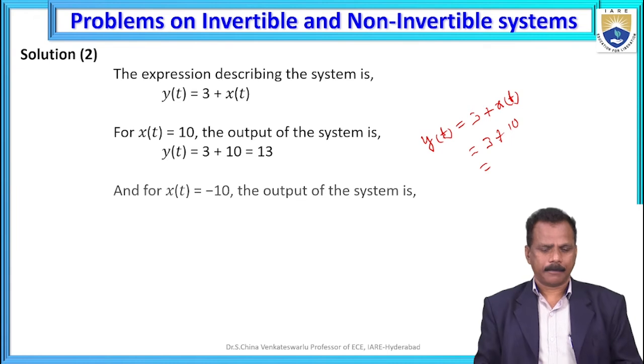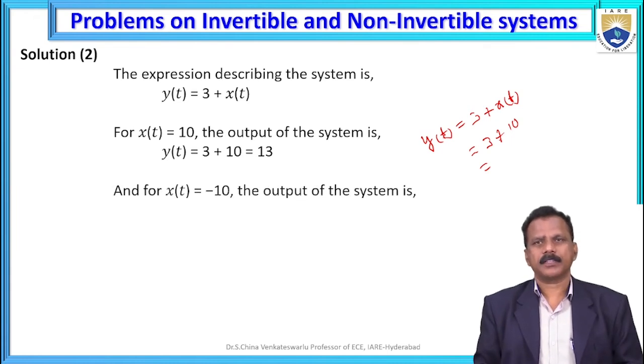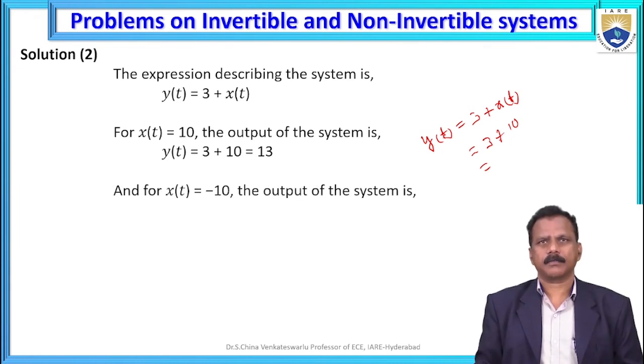Next, for x of t equal to -10, the polarity is changed. That means y of t is equal to 3 plus -10, which is equal to -7. With direct substitution, we verify different values.